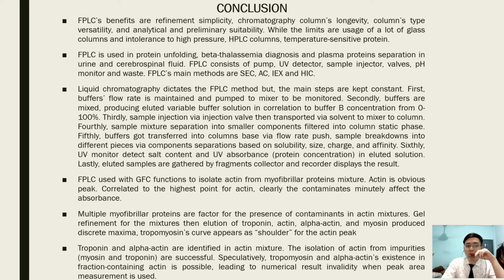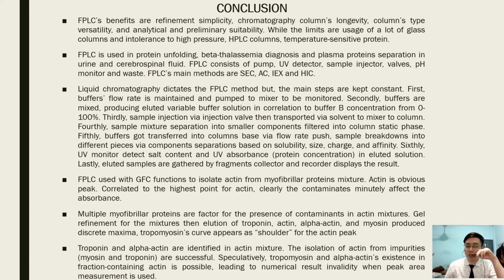In this report, we also found out that FPLC is used in protein unfolding, beta thalassemia diagnosis, and plasma protein separation in urine and cerebrospinal fluid. FPLC consists of pump, UV detector, sample injector, valves, pH monitor, and waste. FPLC's main methods are SEC, AC, IEX, and HIC, which you could find in the previous slides.